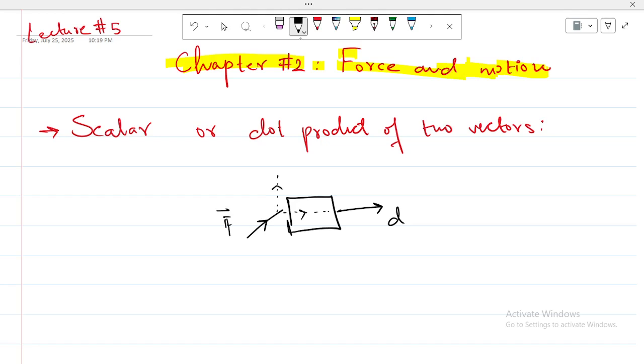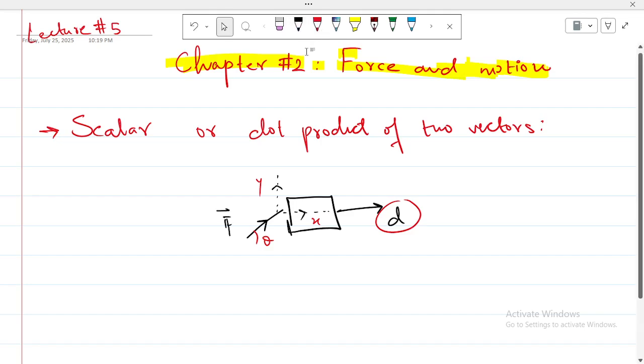We discussed in that video as well how much of this force is actually being used to push the cart in the direction that we are aiming for, which is the direction of displacement. Obviously, because the force has two components, one in the y direction and the other in the x, how much of this total force, which is applied at an angle theta, is going in the same direction as the one we are trying to aim for?